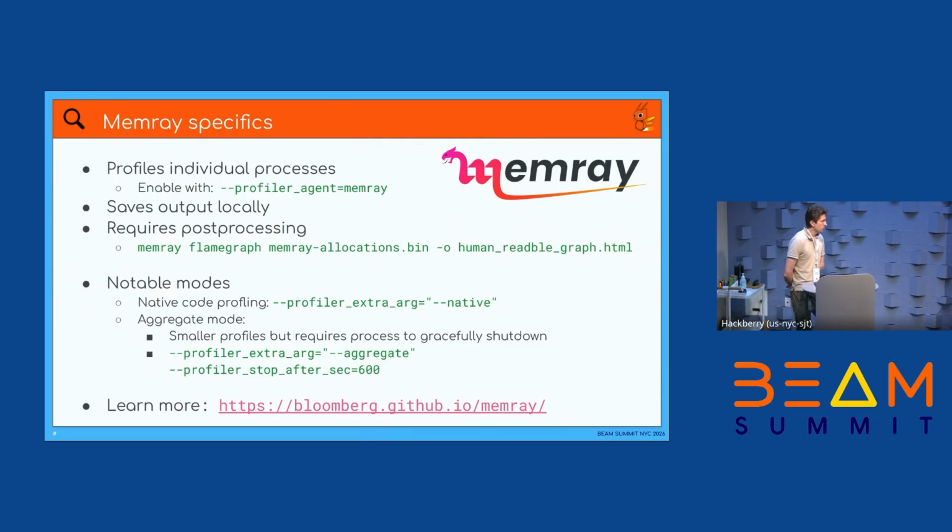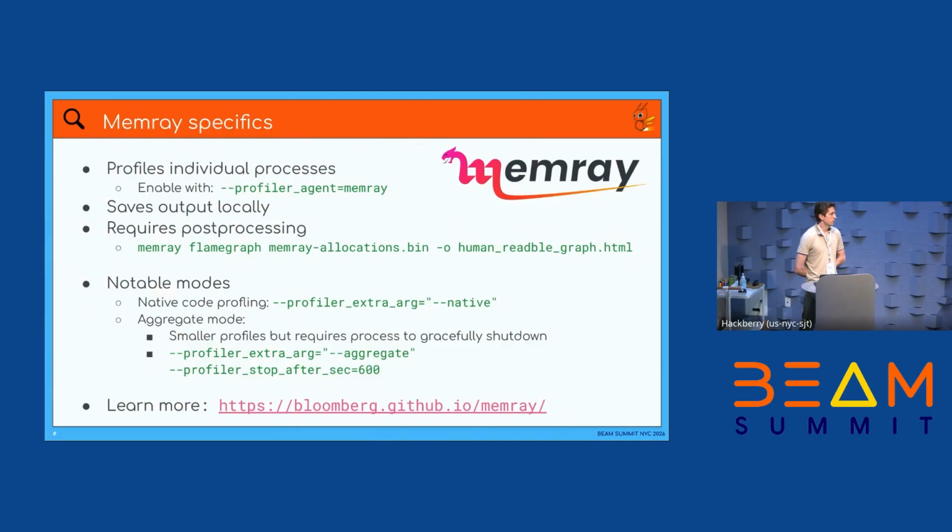There are also some other modes that Memray has. One of them is the aggregate mode. In this case, Memray does some aggregation on the fly for the allocations that it collects, which results in smaller profiles, because if you just track every single allocation and save it into a file, the profiles can get pretty large.